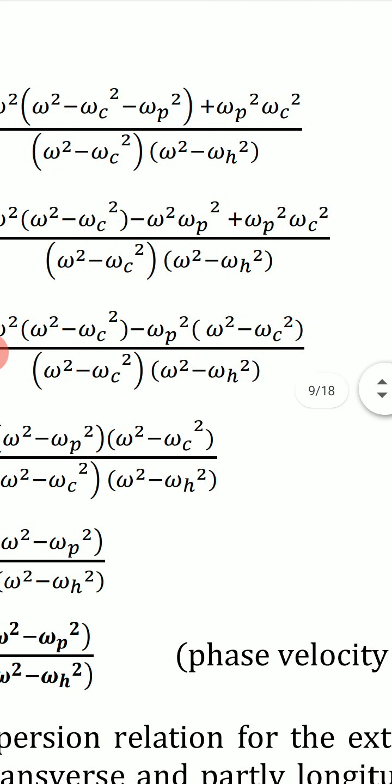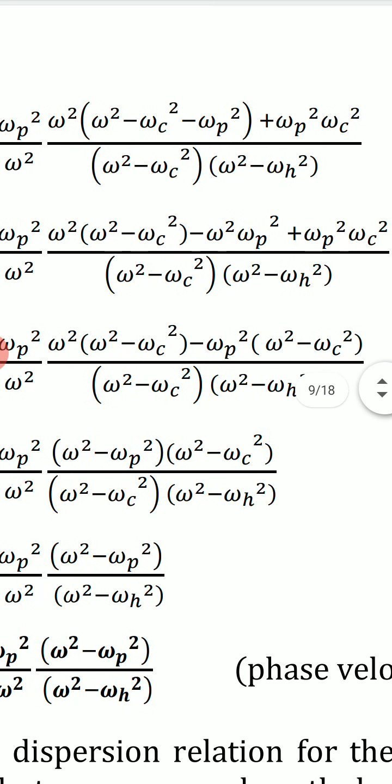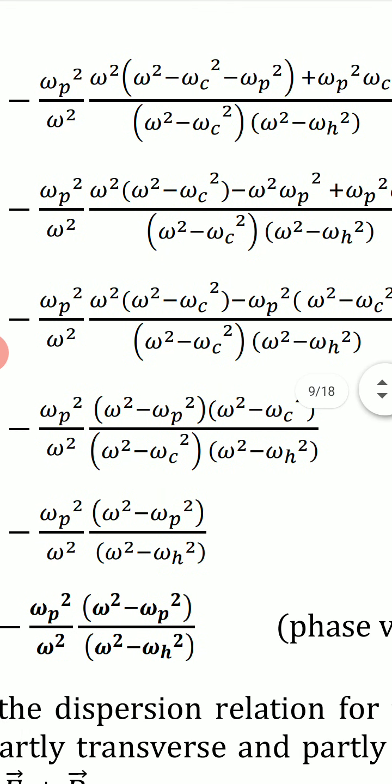In numerator, the first term inside the bracket we have three terms, omega square minus omega c square minus omega p square. We put the first two terms together and the remaining third term we write separately and get this next step.